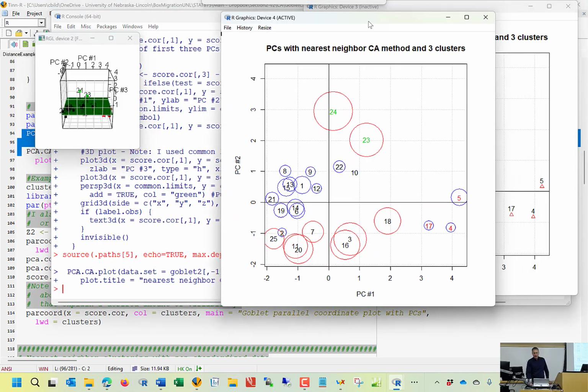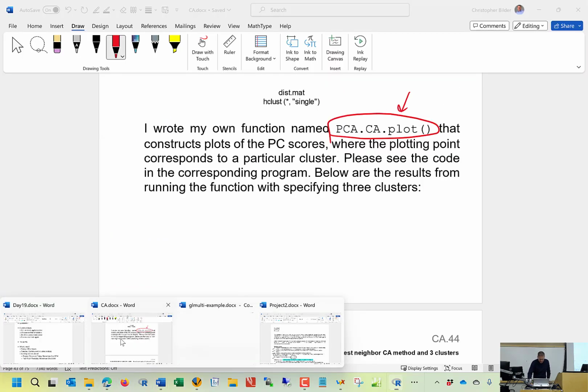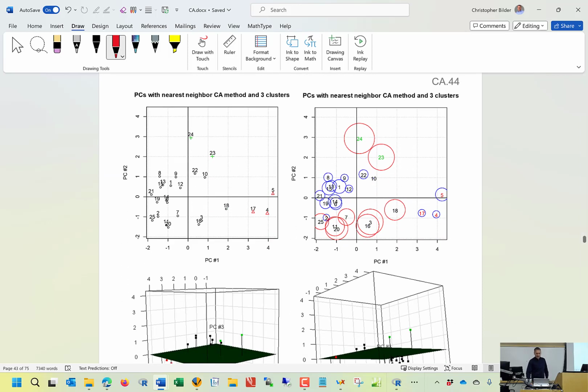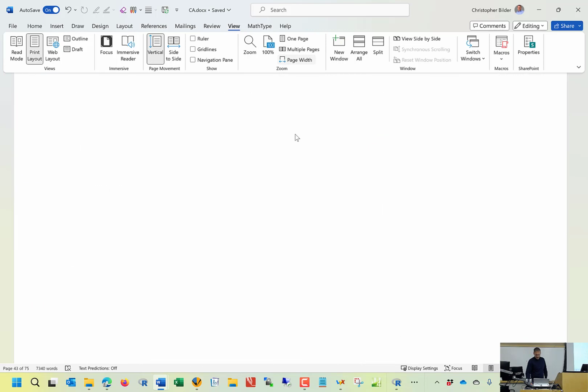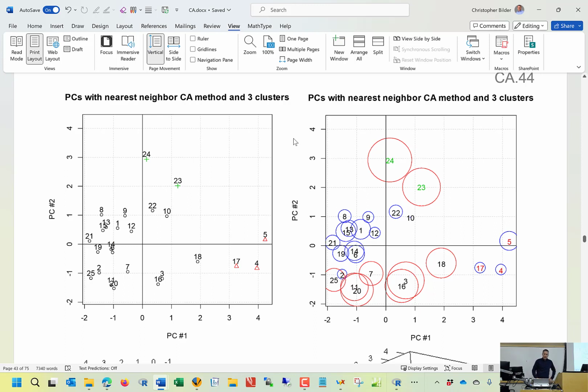Okay, and so we get 2 plots, and this is just what's in my notes here. Actually, we get 3 plots, excuse me. There we go. So for the plot on the left, the plotting point corresponds to a cluster.